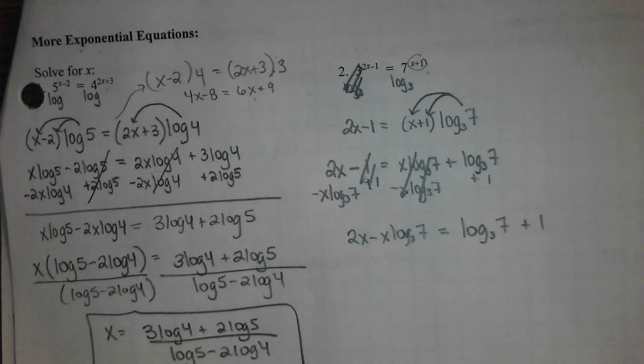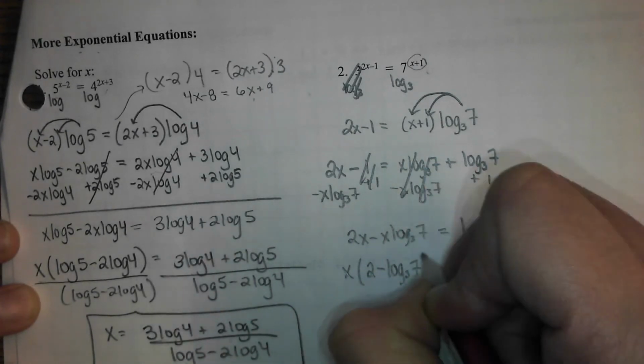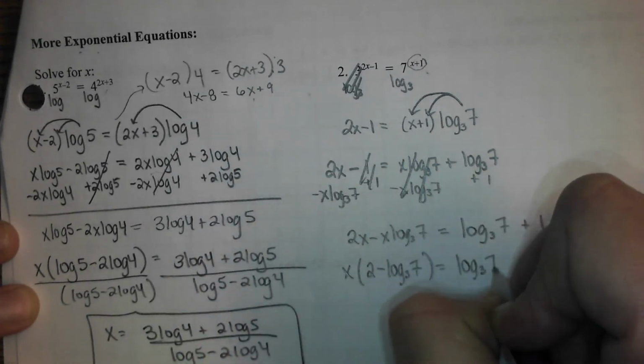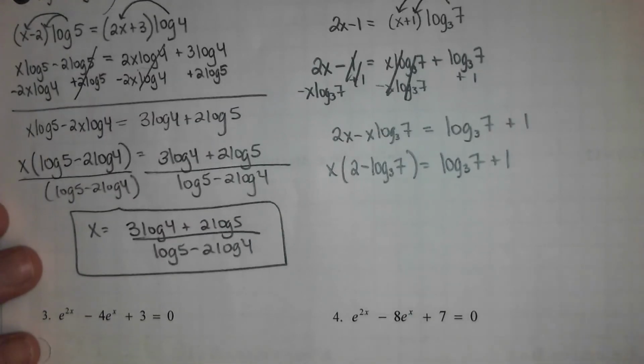And if I can't combine those two x terms, I'm going to factor out a GCF of x. And then divide that binomial over to get x all by itself.